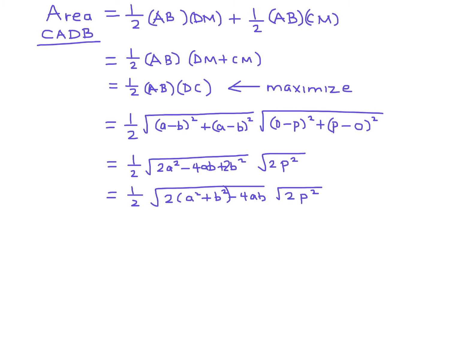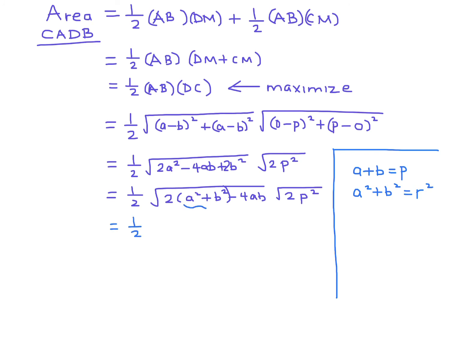But remember, part B comes after part A of this question, and in part A, we proved 2 things. First, we proved that A plus B was P, and the second thing we proved is that A squared plus B squared is equal to P squared, or R squared, I should say. Since we already proved those 2 things, we can utilize them and put them into our equation. This one here, I'll put in R squared.